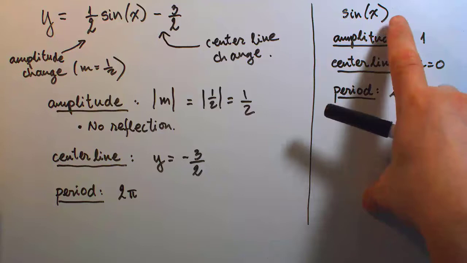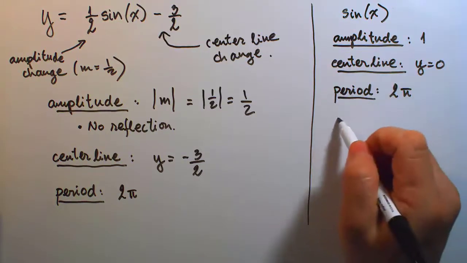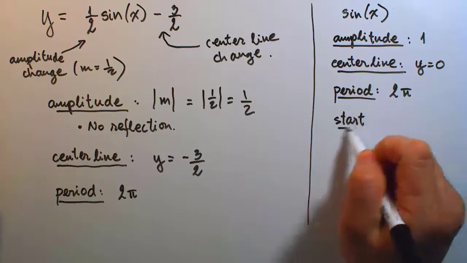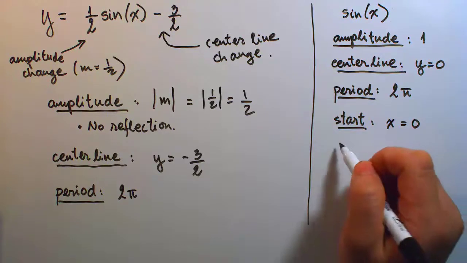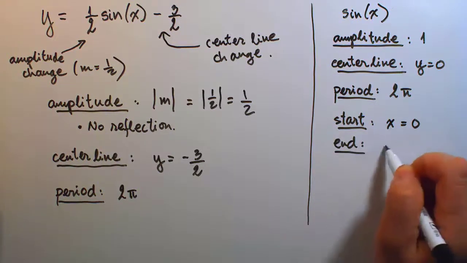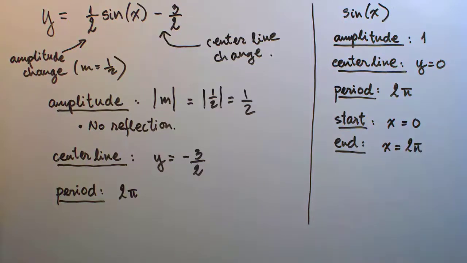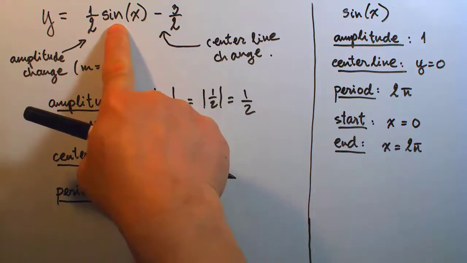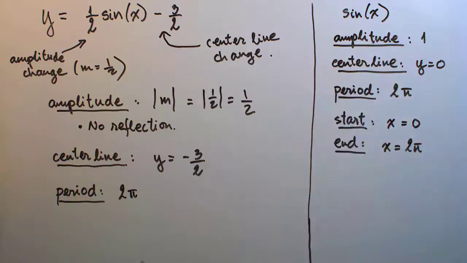Our function here, the ordinary or original standard sine of x function, has the start at x equals 0, and it has an end at x equals 2 pi. And so since our function here currently has the inside of the sine function looking exactly like the original sine, as far as the start on our base unit, we expect no change as well.